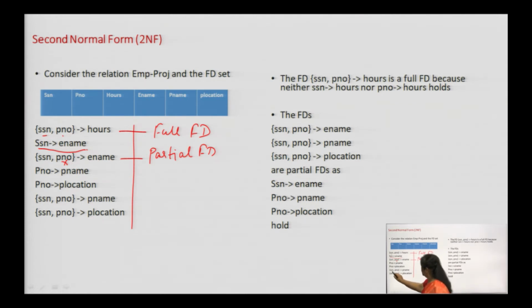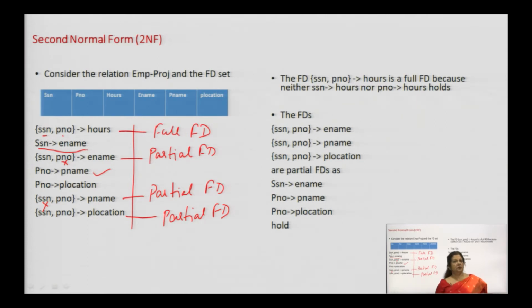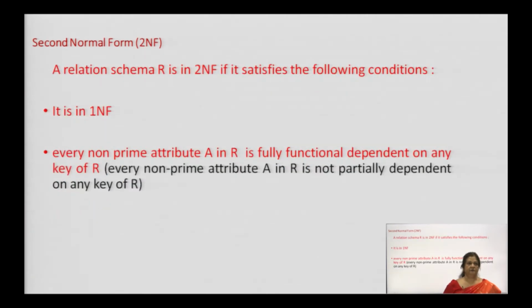Similarly, over here, if I remove SSN, then PNO to pname still exists, and hence this is again a partial functional dependency, and in a similar manner this is also a partial functional dependency. So, through this example we clearly know what a full functional dependency and a partial functional dependency are.